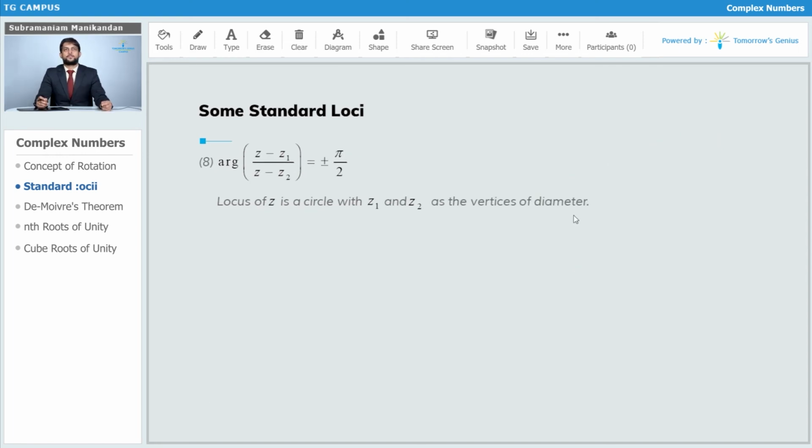Next, if argument of z minus z1 by z minus z2, where z1 and z2 are two complex numbers representing two points, is equal to either plus pi by 2 or minus pi by 2, then we can be sure that the locus of z is a circle with z1 and z2 as the endpoints of its diameter. In a similar manner, if argument of z minus z1 by z minus z2 is equal to 0 or pi, then the locus of z is a straight line passing through z1 and z2.